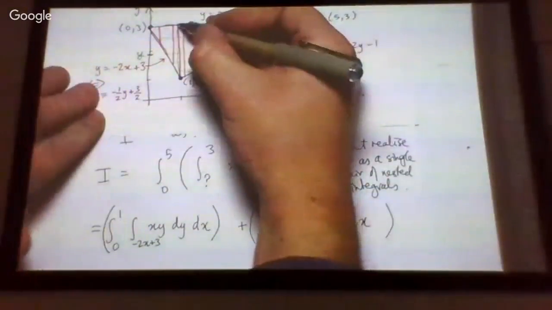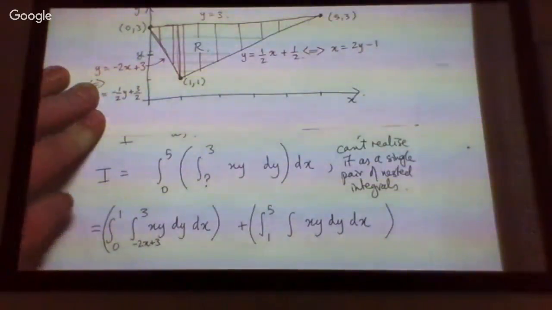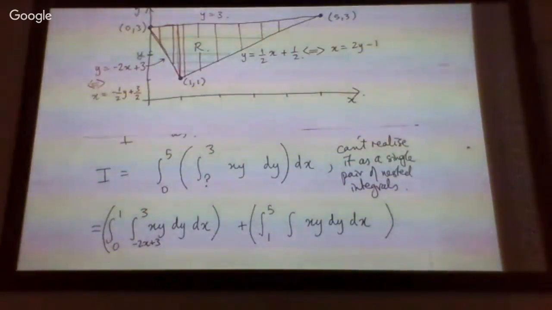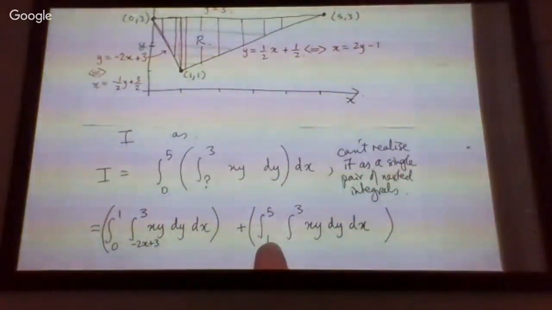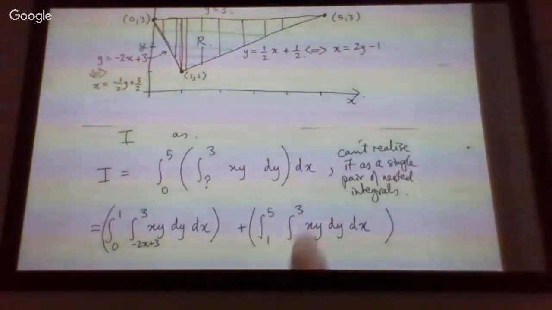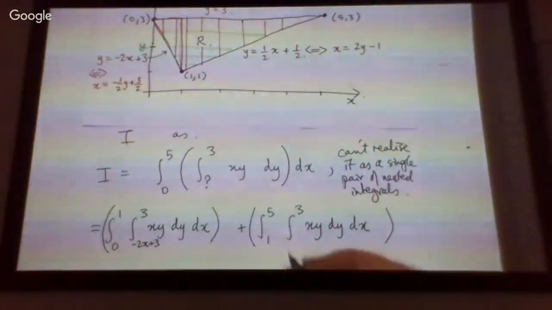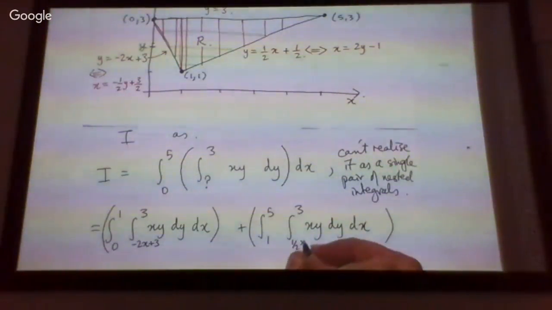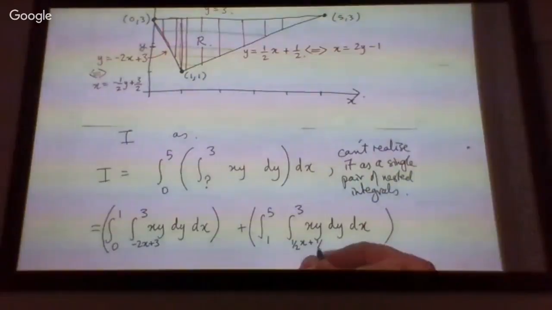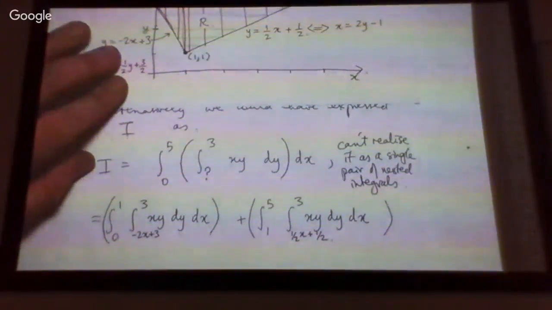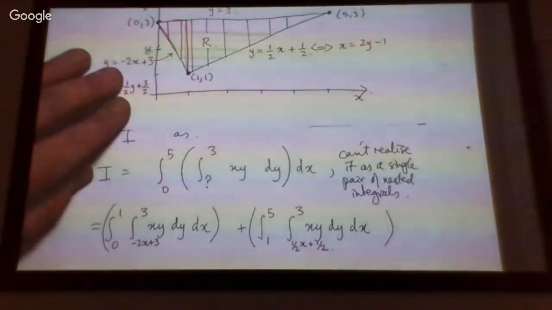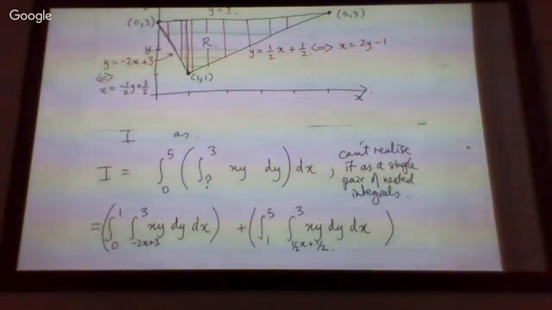And the vertical strips always end at y equals 3. But these vertical strips, everywhere for x between 1 and 5, begin at a half x plus a half. So you see that behavior there.